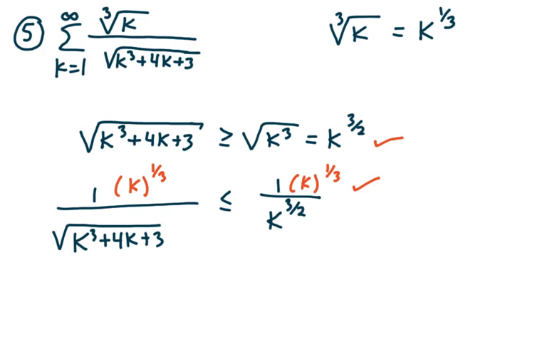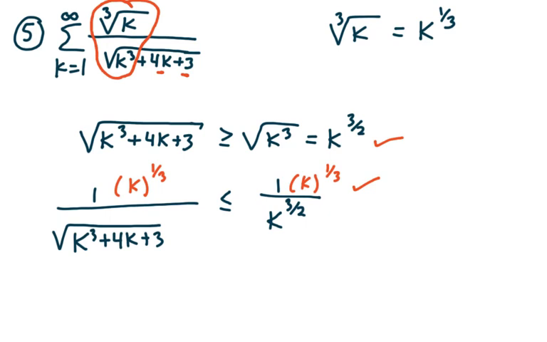Because my goal is I have my sights set on this piece. For large k, 3 is not going to contribute very much, and neither is this term. It's cube root of k over the square root of k cubed that I'm trying to look at primarily. And so that's what I'm going for, if you notice.